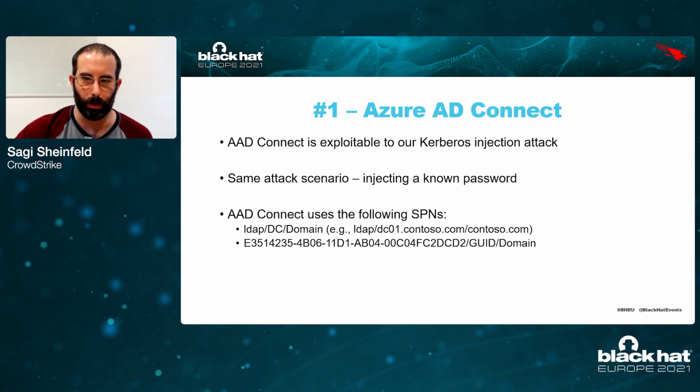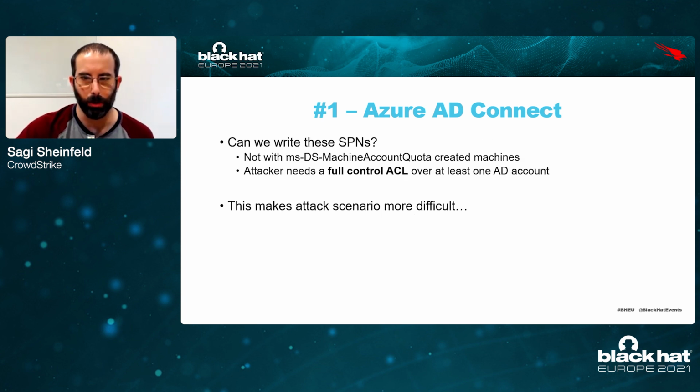We won't show a demo for this because it's identical to the demo Eyal has already shown, but it's worth noting that when requesting the domain verification, Azure AD Connect uses these two special SPNs. These SPNs are protected by Active Directory, and to be able to register them, you must have full control over the machine account. That's why we can't use the machine account quota trick for this attack, and this makes the scenario more difficult to achieve.